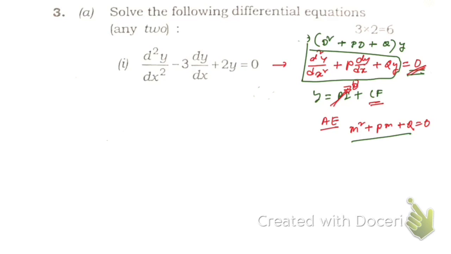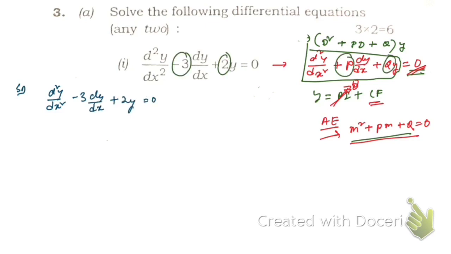So hope you have understood this. We have different conditions depending on the type of solutions we obtain after solving this. That's why I would like to request you to watch all the videos made on differential equations. I will provide the link of the playlist. Now you see, this is our given differential equation.